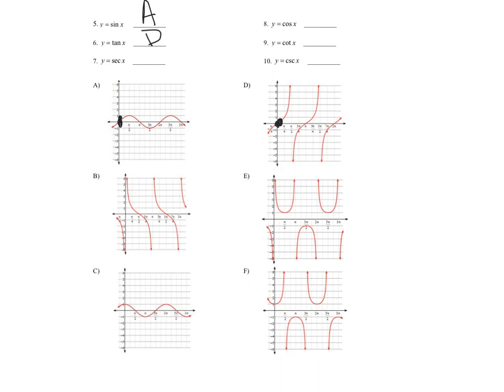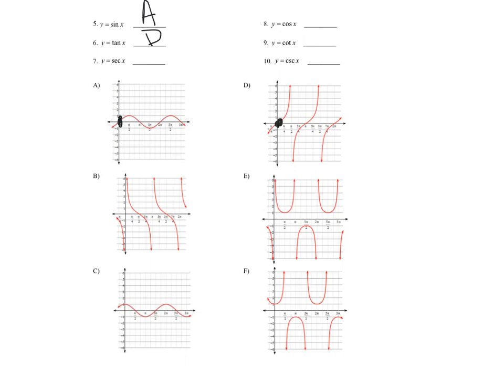Then for secant, we know that secant and cosecant both make U-shaped graphs, and that they share points with their reciprocal functions sine and cosine. So if we can find sine, we can find cosecant, and if we can find cosine, we can find secant.